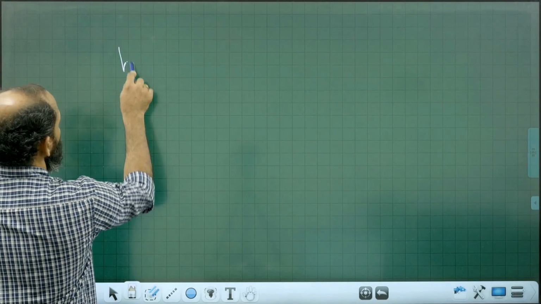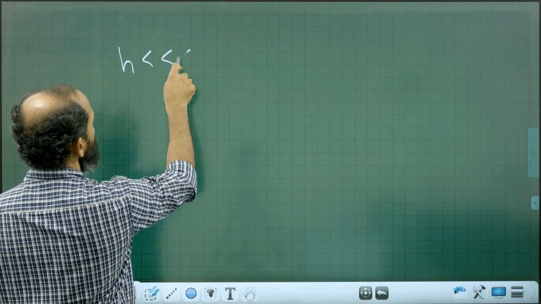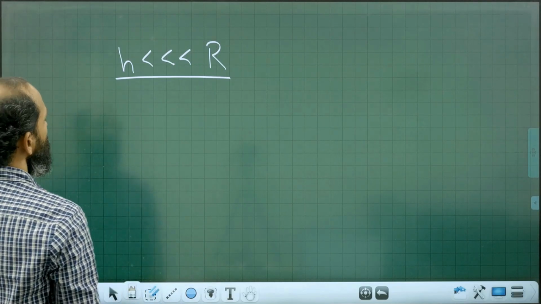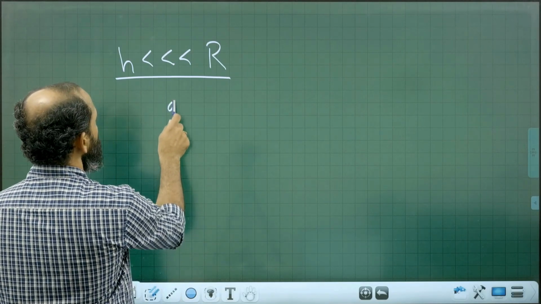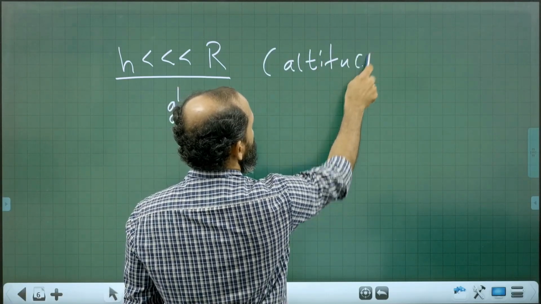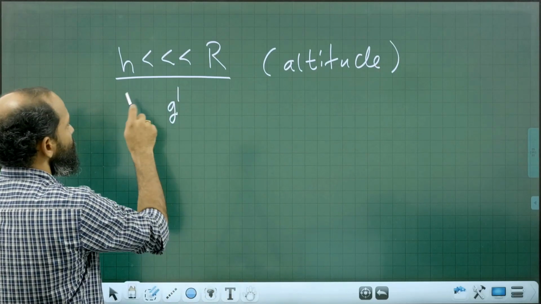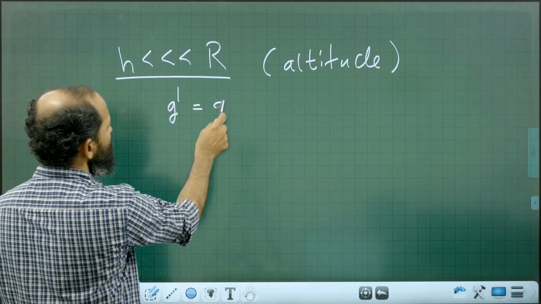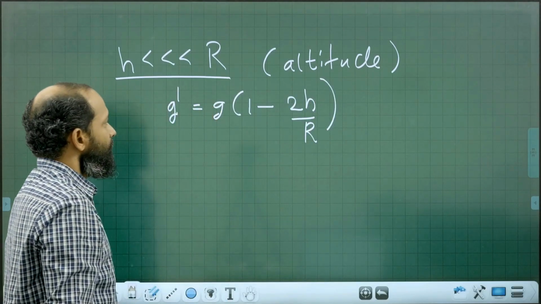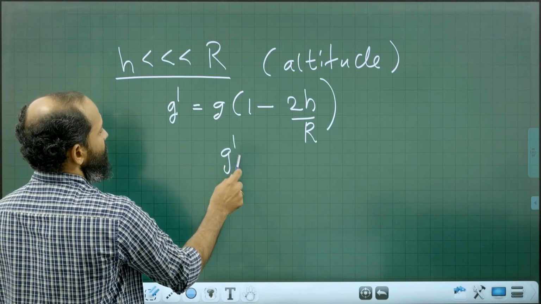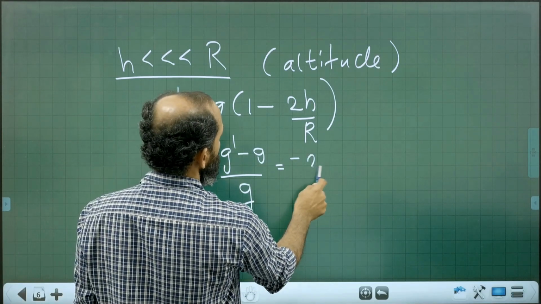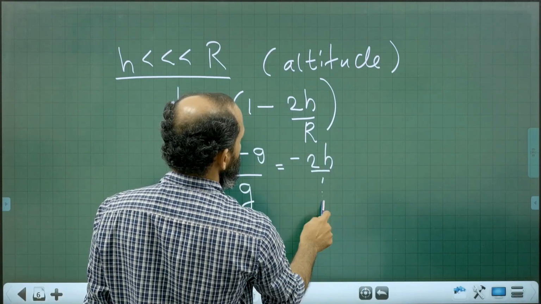Also, if h is much less than the radius of Earth, you can use another formula for variation of acceleration with altitude. g dash is equal to g into (1 minus 2h by r), and (g dash minus g) divided by g is equal to minus 2h divided by r.